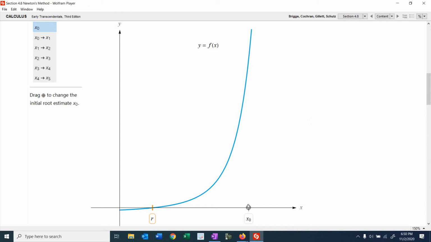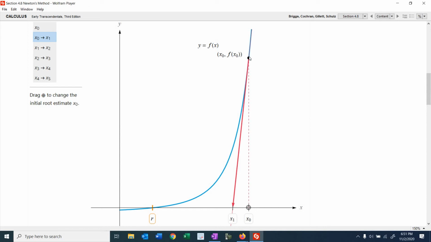Now, the next thing you do is you plug that into the function and find the ordered pair on the function. Notice when you do this, you get the point x sub 0, comma, f of x sub 0. So that would be the ordered pair that you're at.